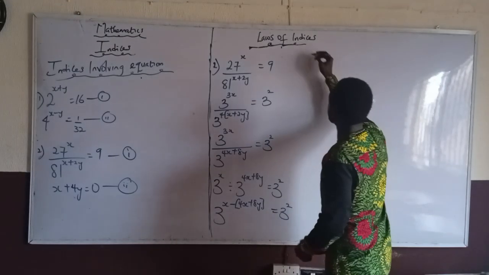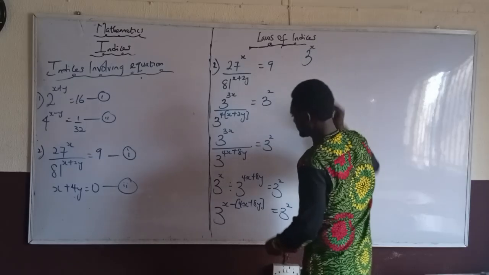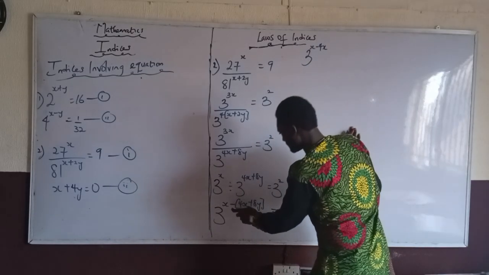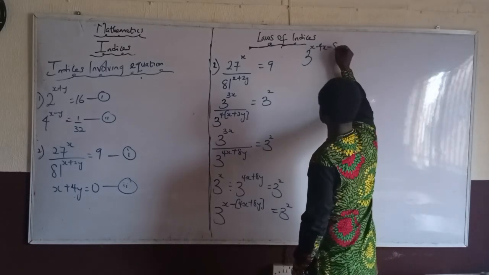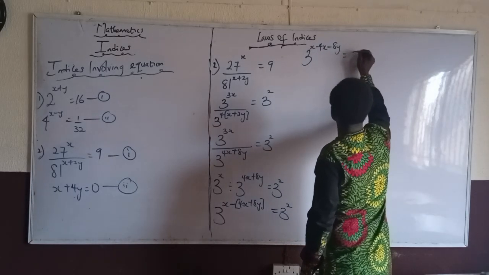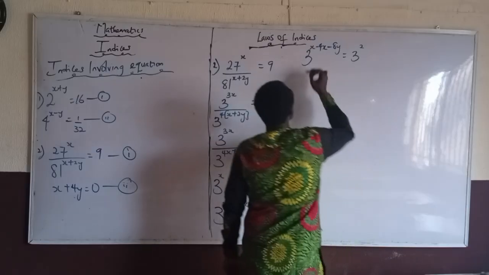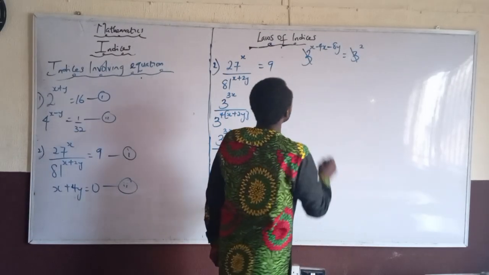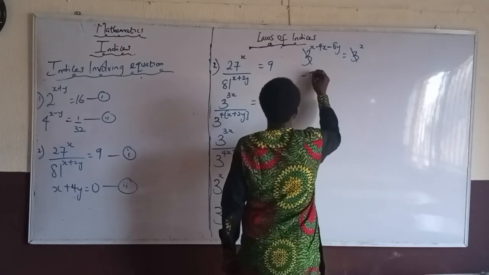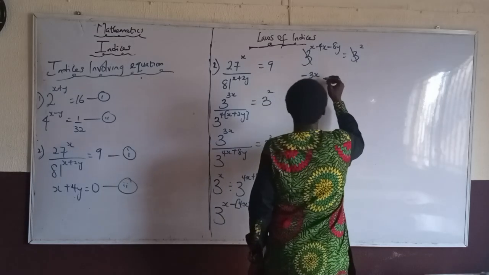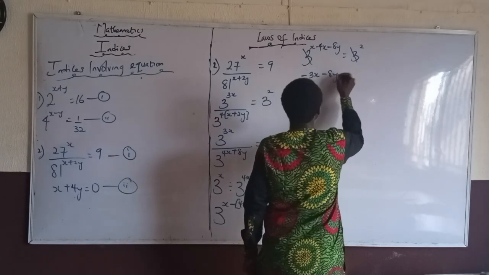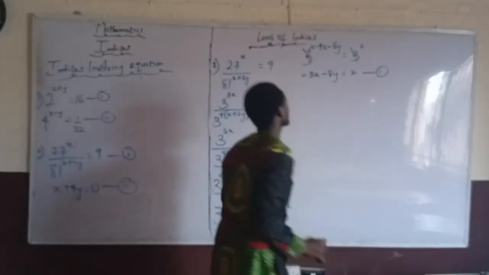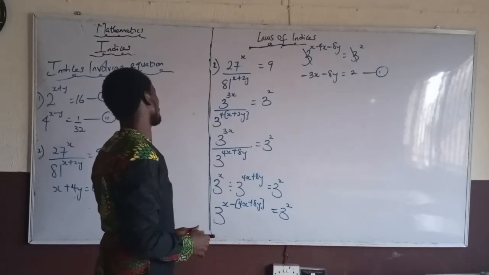So here becomes 3 raised to power 3x minus times plus minus, then equals to 3 raised to power 2. So in this case 3 cancels 3. 3x minus 4x, that is minus x, then minus 8y equals to 2. So this is my equation 1.